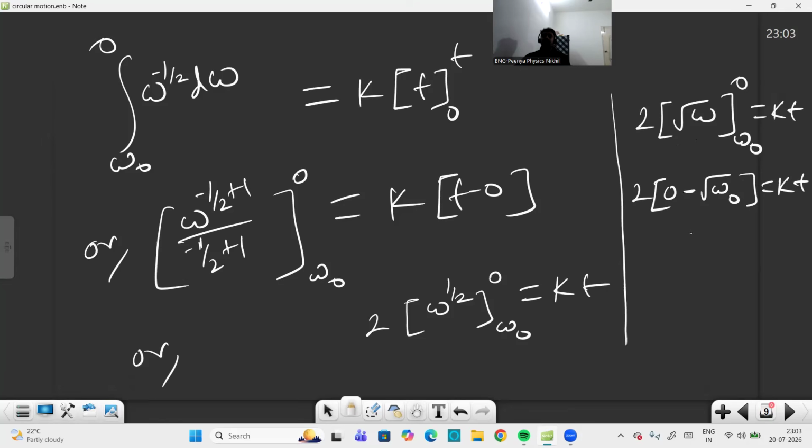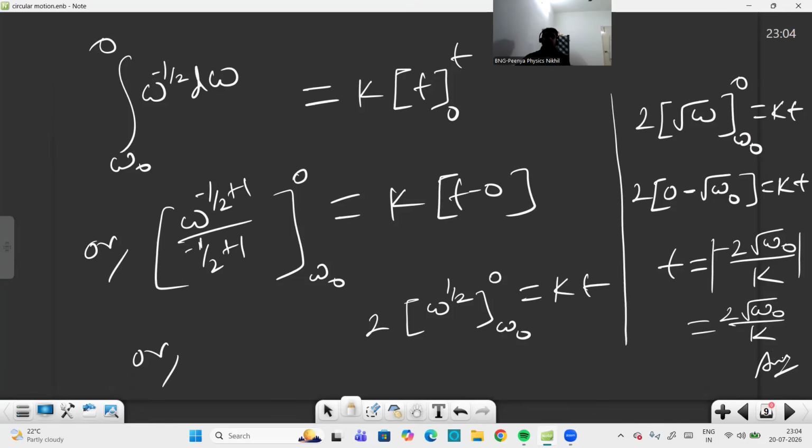So finally, we will get the magnitude of t value, it is a 2, and here we will write it as minus 2 root omega naught by k. So time is never negative, so its magnitude we will take. It is 2 root omega naught by k.